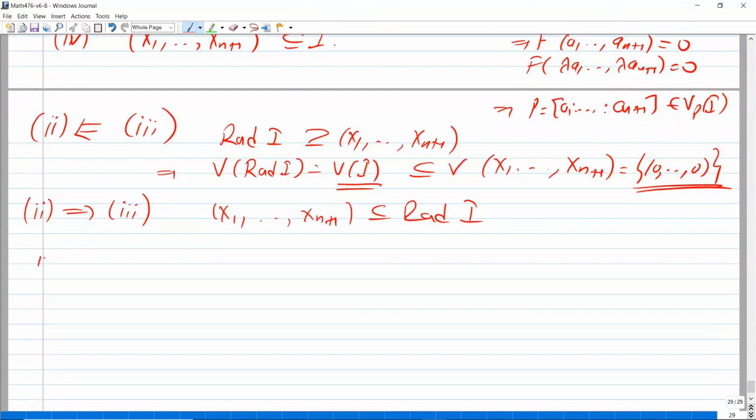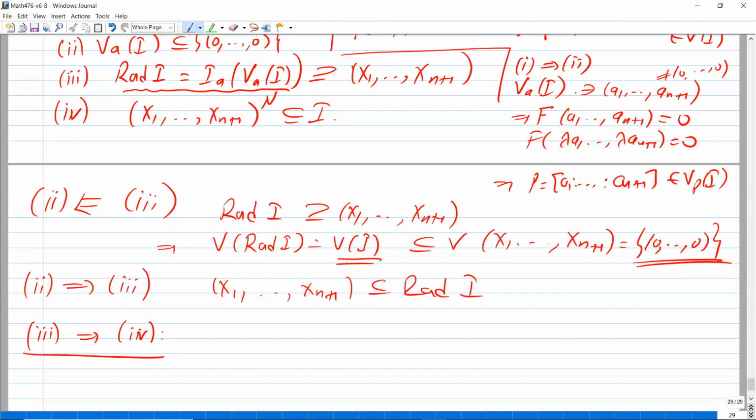And 3 implies 4. Let's say J is equal to the ideal generated by x1, ..., x(n+1).